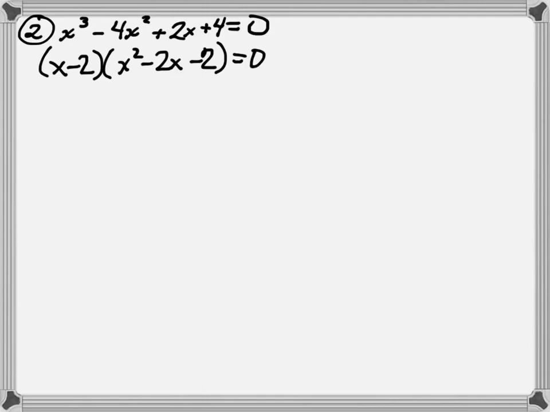That first polynomial factored into x minus 2, x squared minus 2x minus 2. I am only going to be focused on the second parenthesis to use in the quadratic formula. That means my a is 1, my b is negative 2, and my c is negative 2.